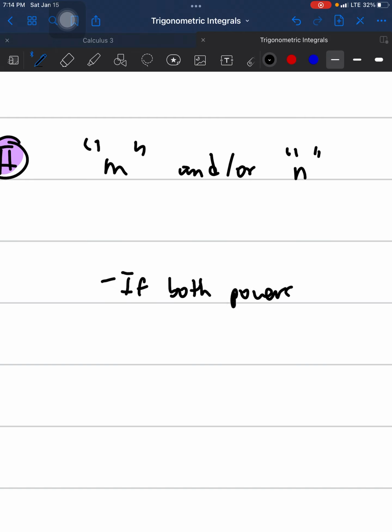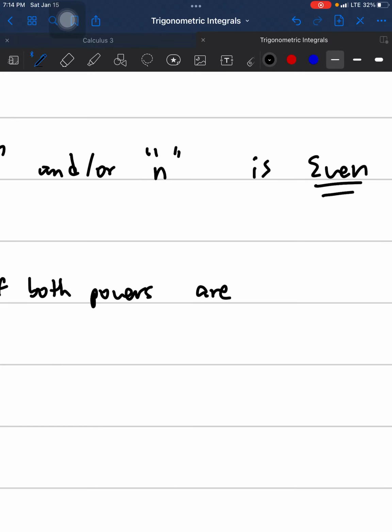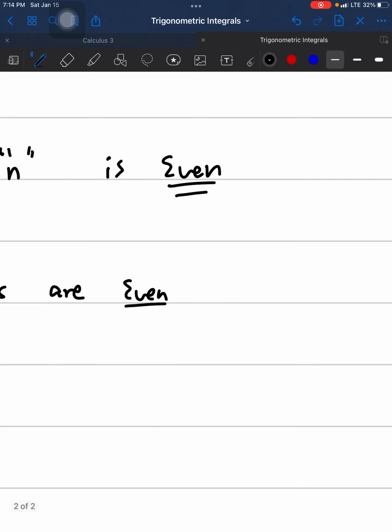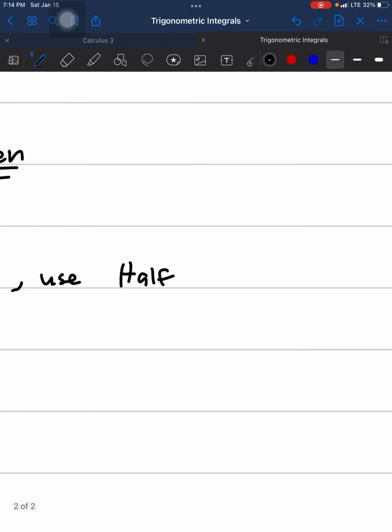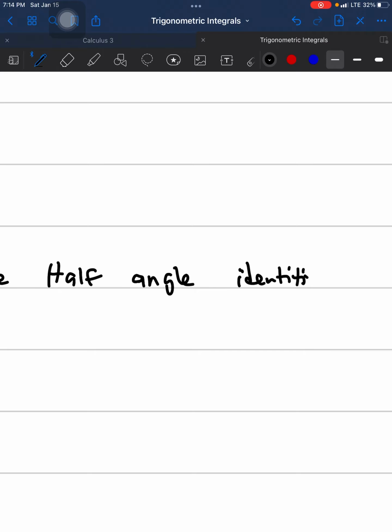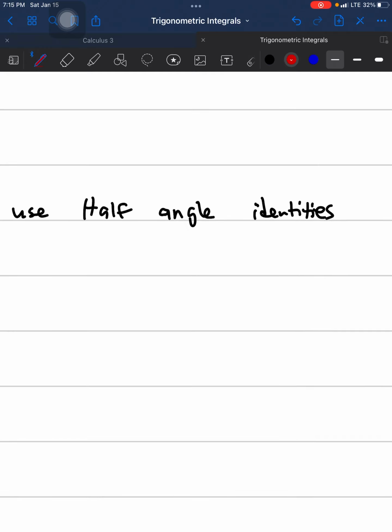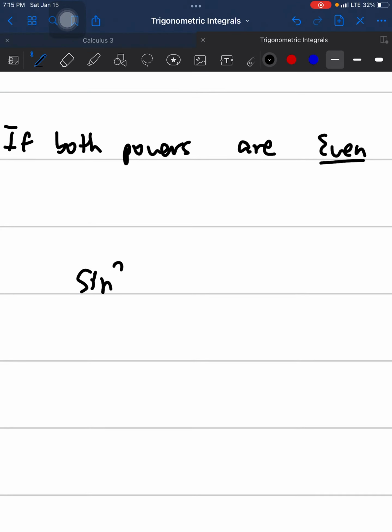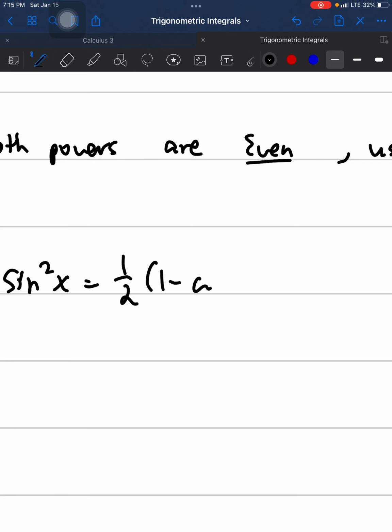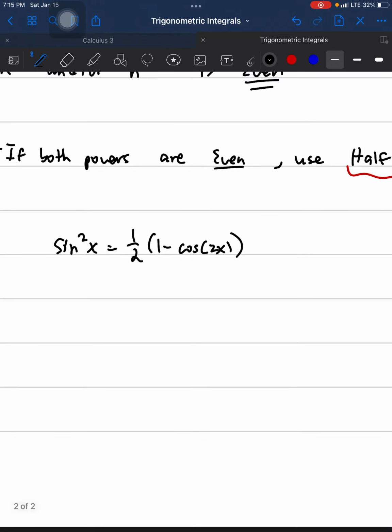Actually, it says if both powers are even, use the half angle identities. So the half angle identities are as listed. Sine squared x is equal to 1/2 (1 minus cosine 2x).